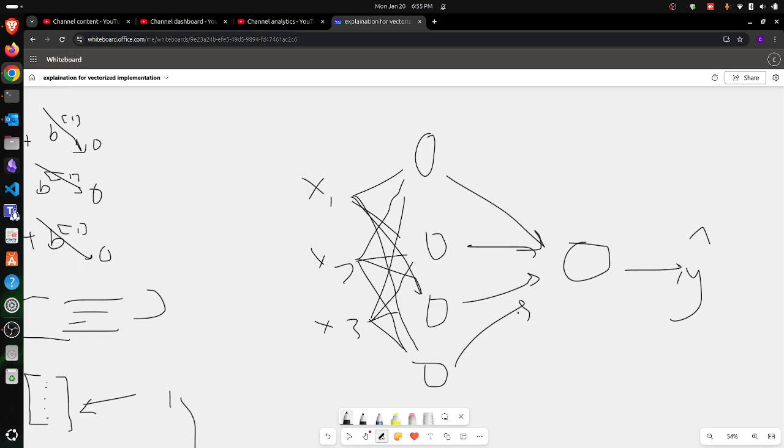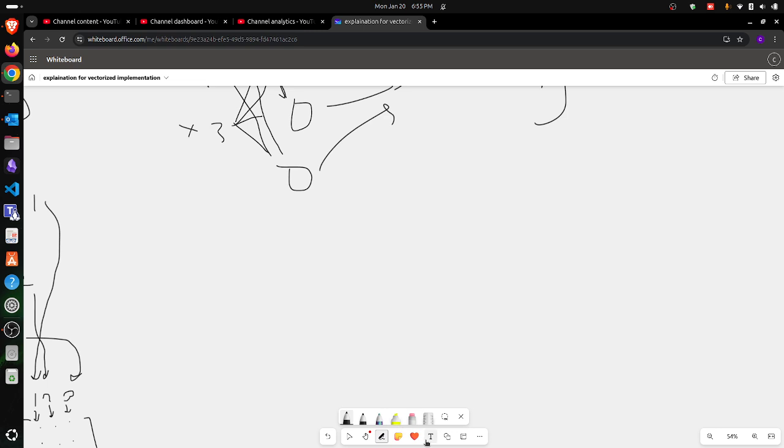For this thing we are going to have a simple Python program. It will be for i equals 1 to m.